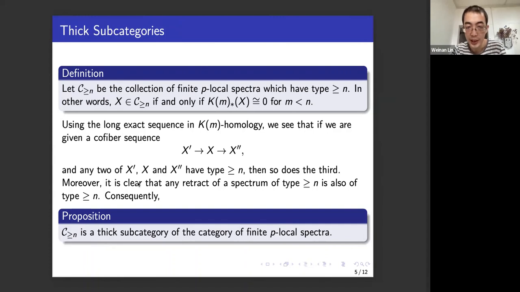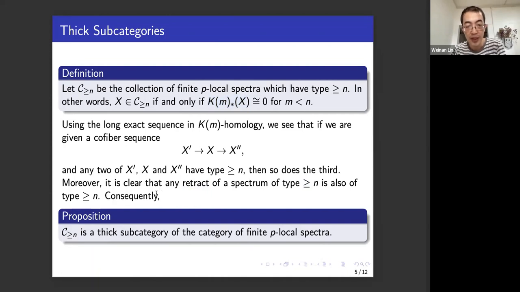Moreover, it is clear that any retract of a spectrum of type greater than or equal to N is also of type greater than or equal to N. Just by the fact that it's a retract, in homology it's an embedding. Therefore, if originally the homology is trivial, then the homology of the retract must be trivial too.